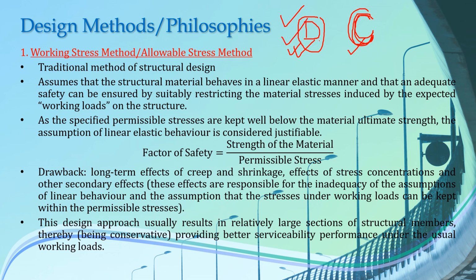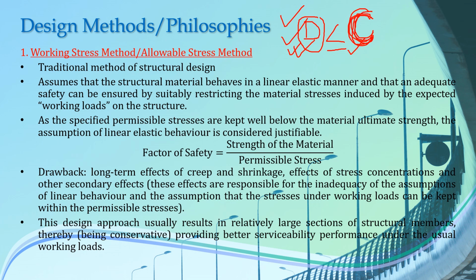So demand means the internal forces imposed on our structure, and capacity means the capacity of our structure to resist that load. So we can say that for a safe design of our structure, this capacity should always be either greater than or at least equal to the demand.